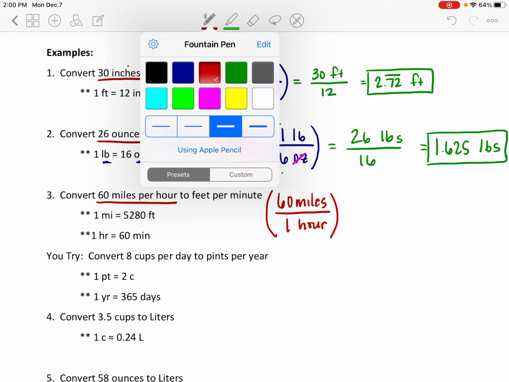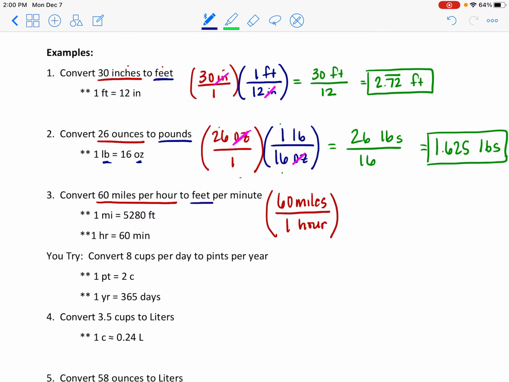Now we're going to need to convert to feet per minute, which means we have to do 2 changes. I have to go from miles to feet, and I have to go from hours to minutes. Okay, so let's go from feet first. Going from miles to feet is one of 2 changes that I have to make.